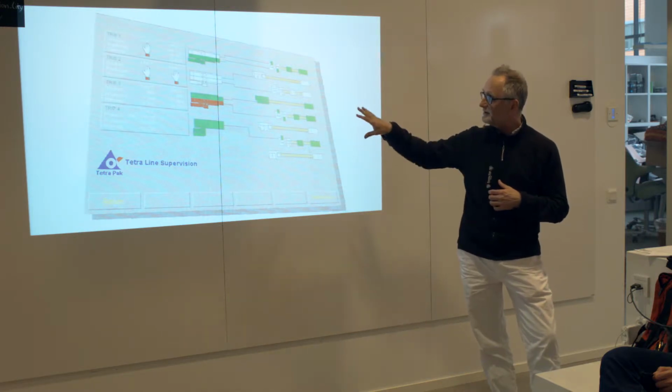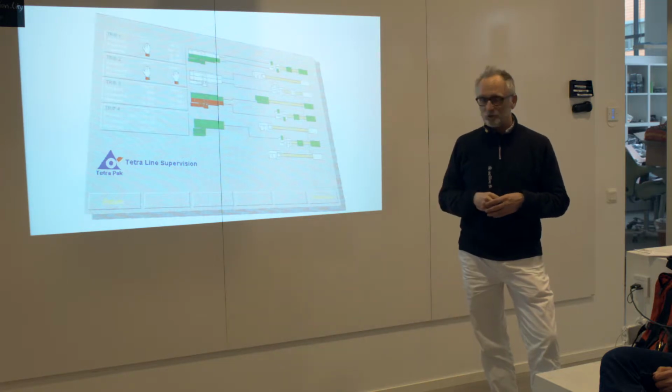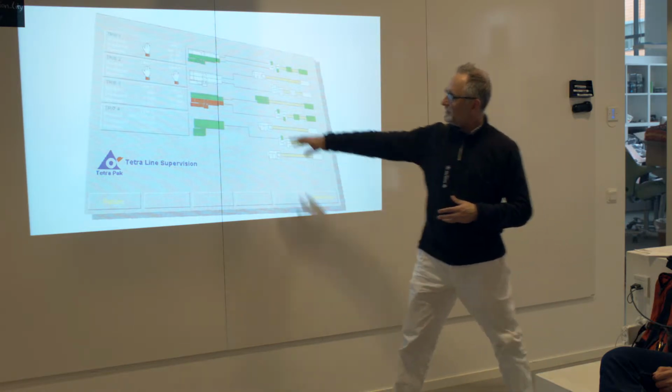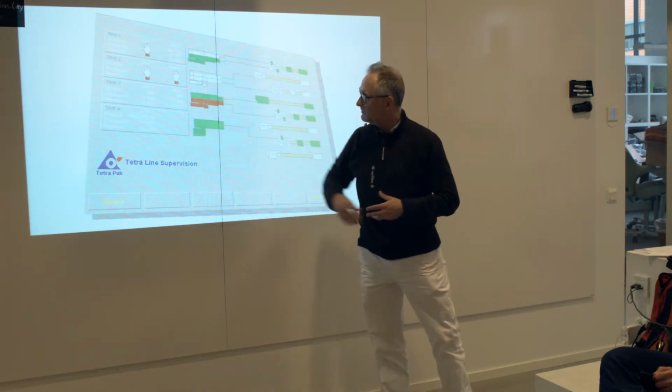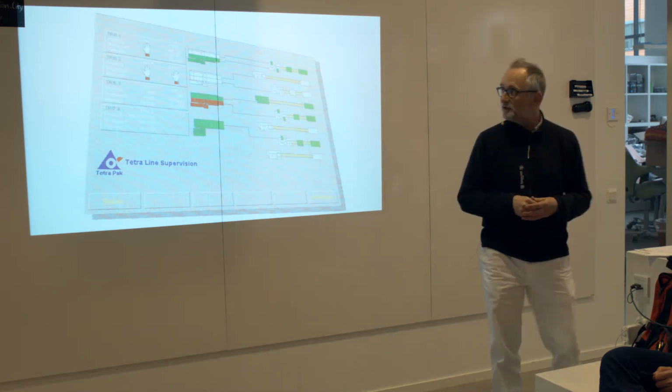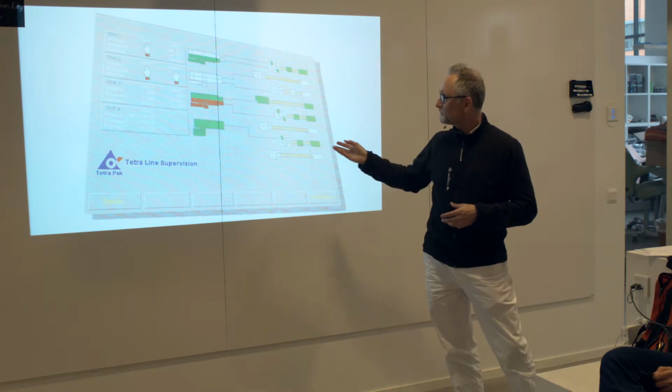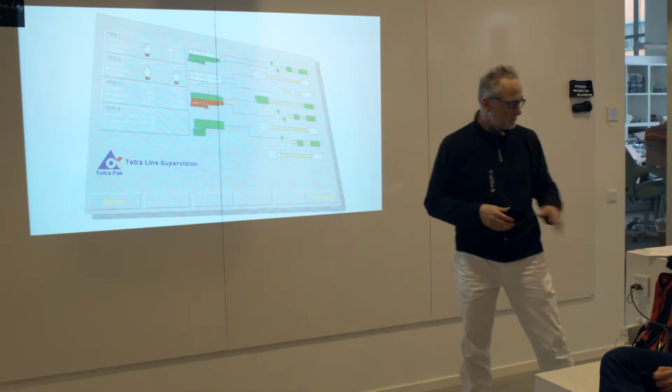We tried to make this very simple, very intuitive, with very simple graphics. Basically, we just use colors to show the state of the machine, and you could see if they were producing packages and if the machine was stopped.